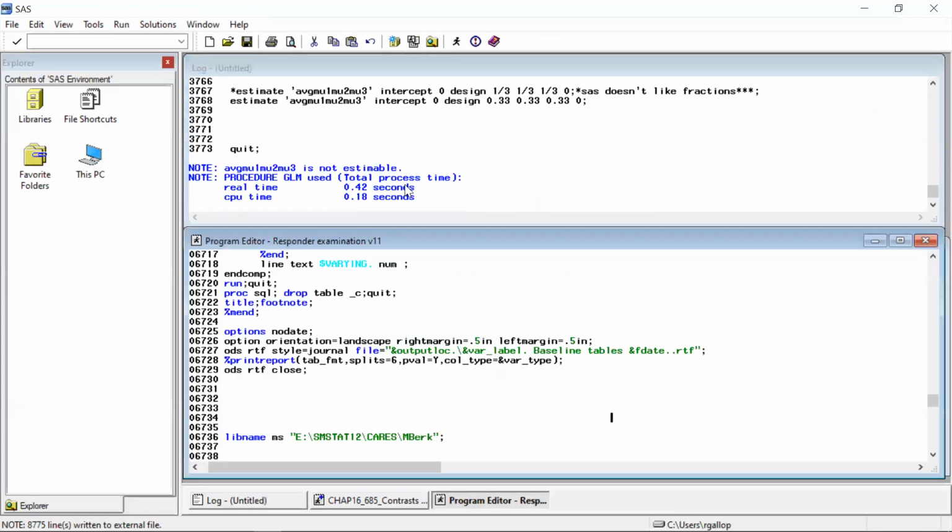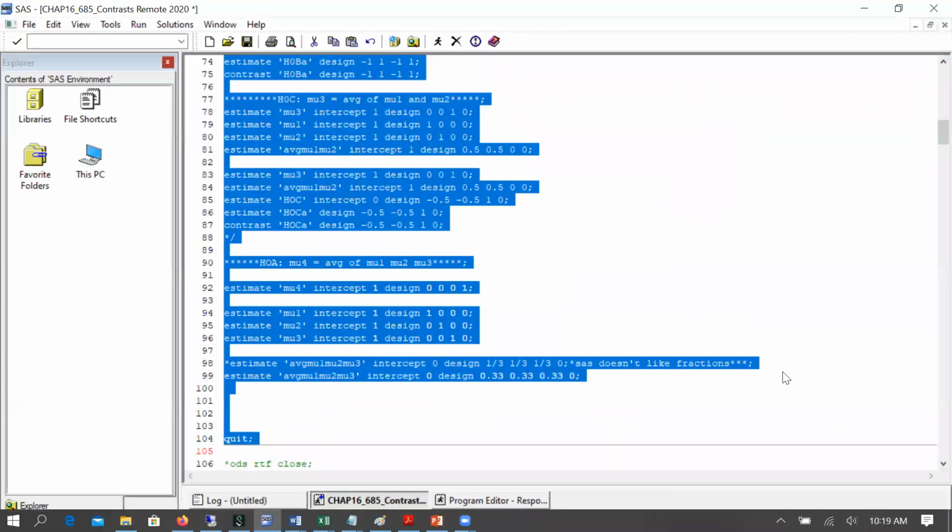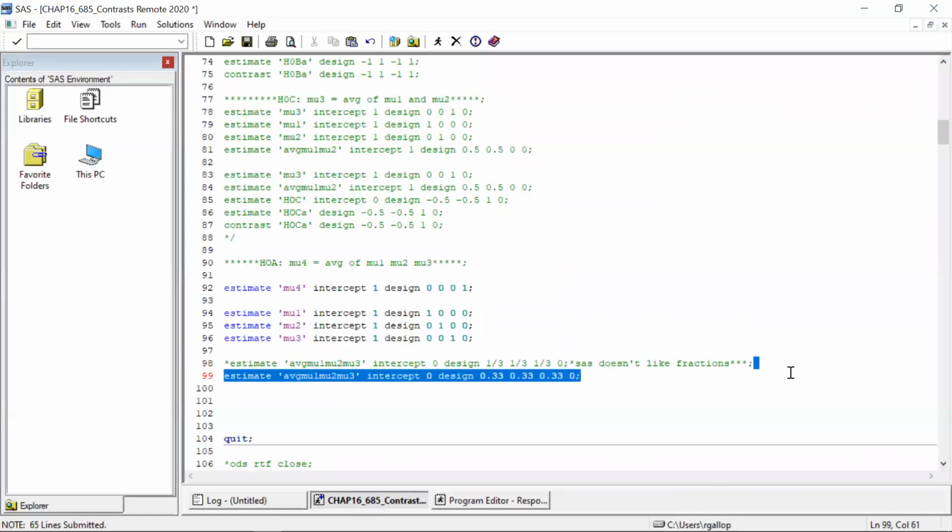If I go back to my syntax. So if I look real quick here, line 99, why is that not estimable? I don't know, I made the two mistakes. Should have been 1, right? In this case here, when I add the intercept, 1, 1, 1, adds to 3, divide by 3, it's 1.